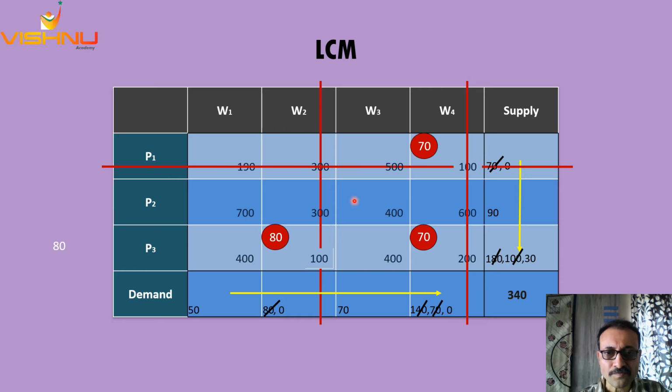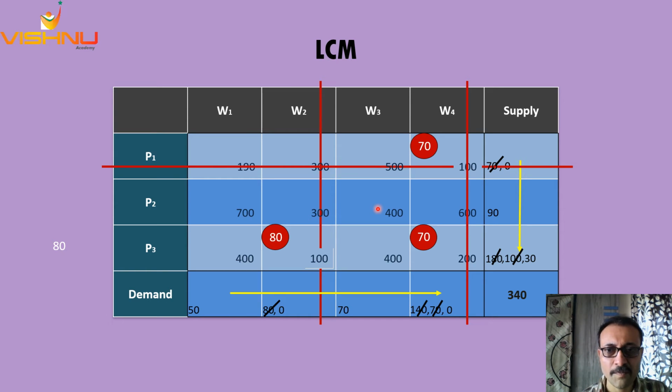Now if you observe, out of the 4 cells there are only 2 costs, 700 and 400. 700 is found in one cell and 400, which is the least of the two, is found in 3 cells, P3W1, P3W3 and P2W3. So what do we do?